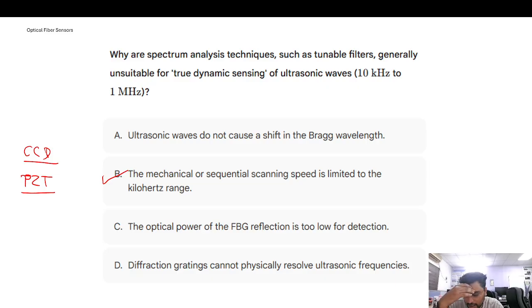So this piezoelectric and CCD, charge coupled device, need to operate at a few kilohertz frequency. It can't achieve megahertz frequency because of the mechanical movement. It will not be able to tune that fast to capture the megahertz perturbations. So that's why the mechanical and sequential scanning speed is limited to the kilohertz range. Okay.